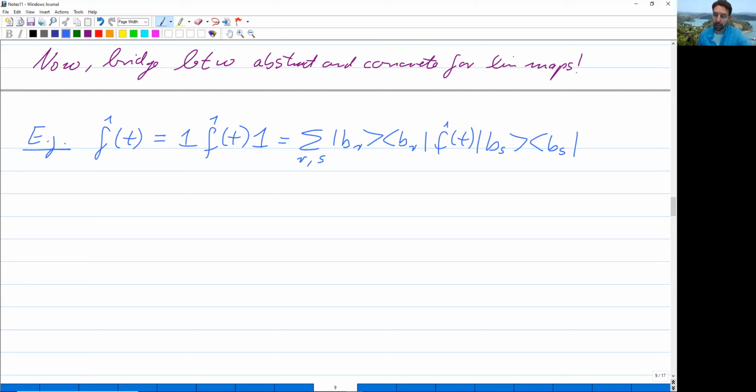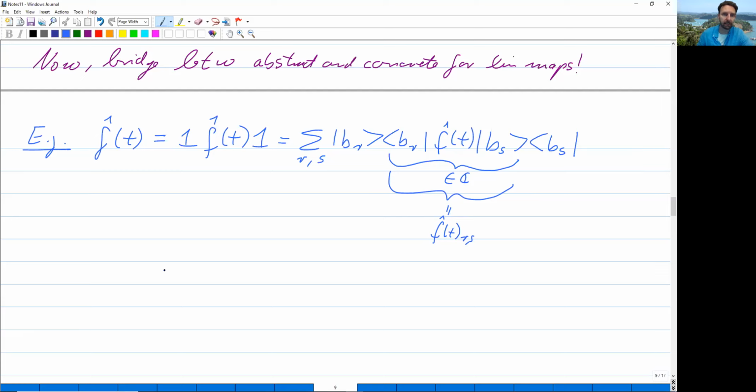All right. What we now see is that this is number valued, this is in C. And we will give it a name: it's f hat of t, but the matrix coefficients, the so-called matrix elements, are r, s. So these are the concrete coefficients of our linear map in the basis of the b.